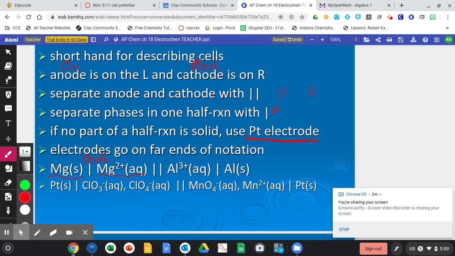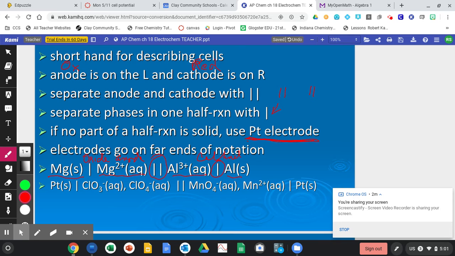And then we separate with the double bars again to separate the oxidation from the reduction, or the anode from the cathode. And this is going to separate what's in the solution and what is the electrode. You can have more than one electrode, because you can have a solid electrode along with a gaseous part being blown over it. So you can have gases in there too, by the way.